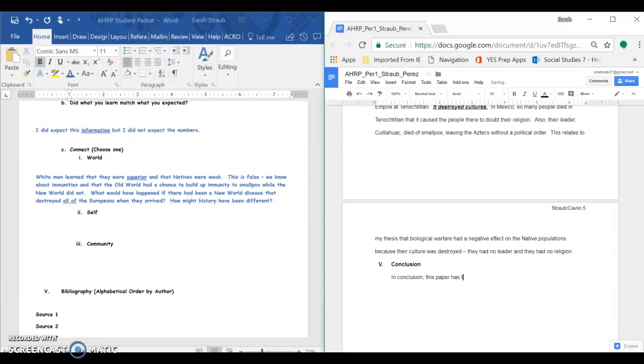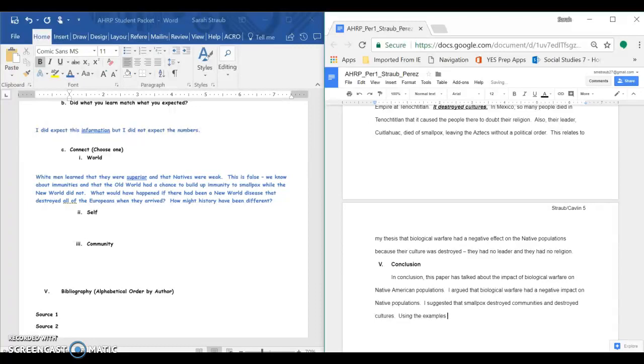this paper has talked about the impact of biological warfare on Native American populations. I argued that biological warfare had a negative impact on Native populations. I suggested that smallpox destroyed communities and destroyed cultures.